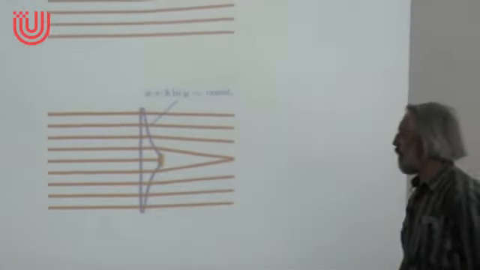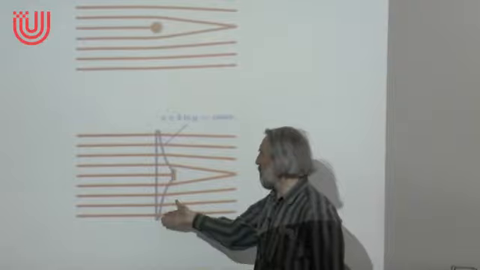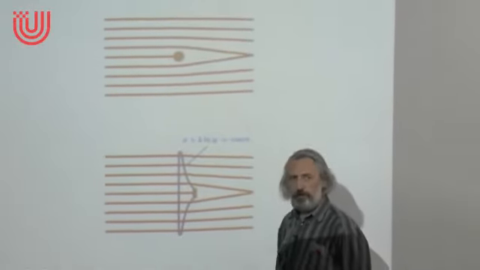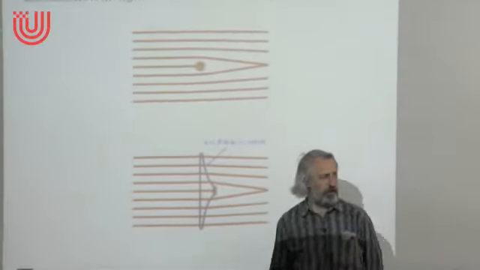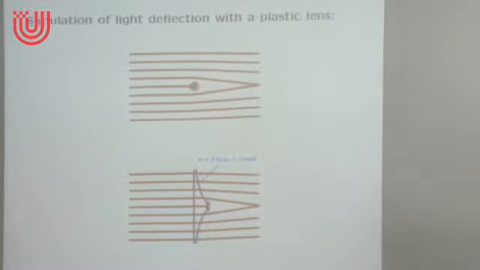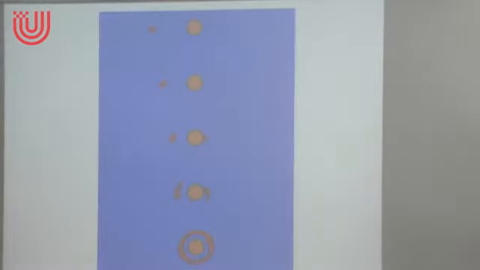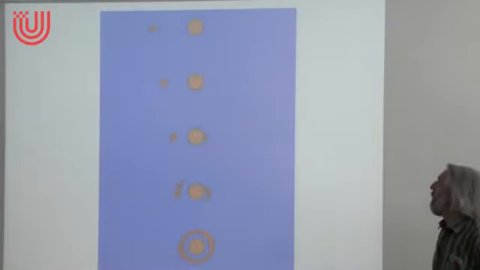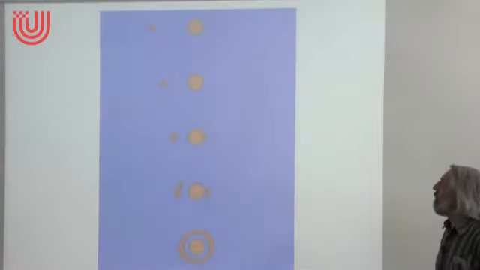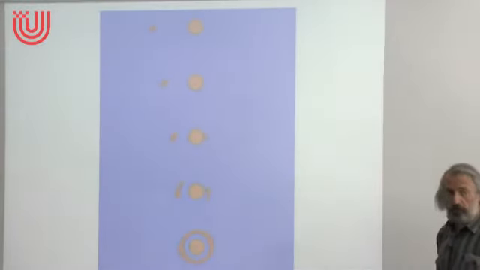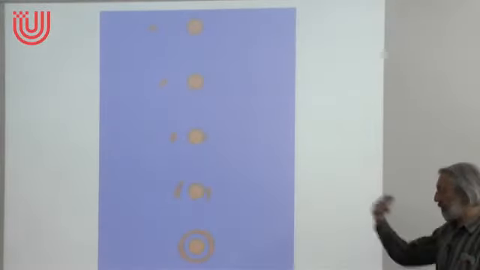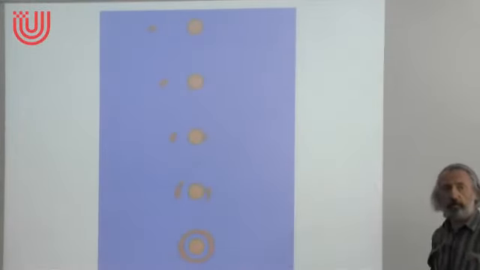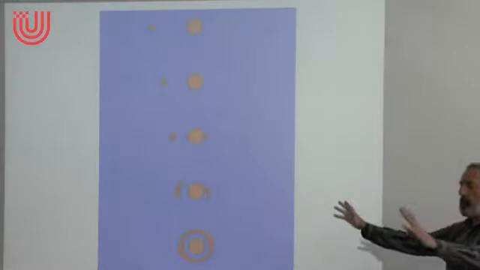In any case, if you do not have such a lens, of course you can simulate this with a computer. And that's what I've done on the next slide. I have done this with Mathematica. I calculate the light rays with the help of Mathematica for the situation that I have a light source with the mass of the sun, at exactly the same distance from us as the sun, but whose radius is much smaller.